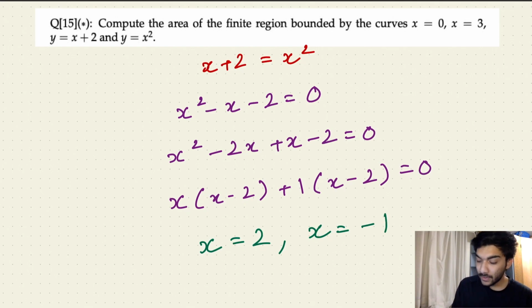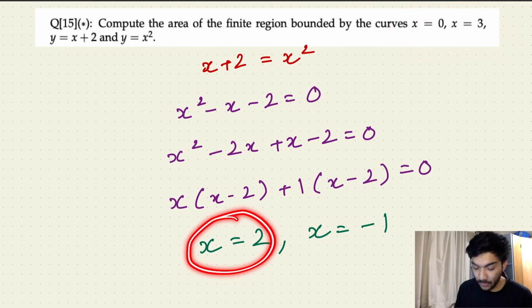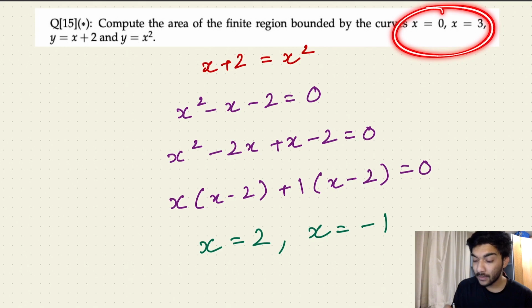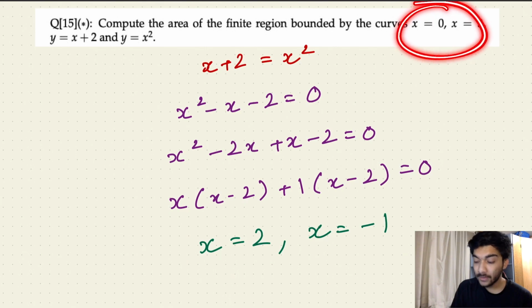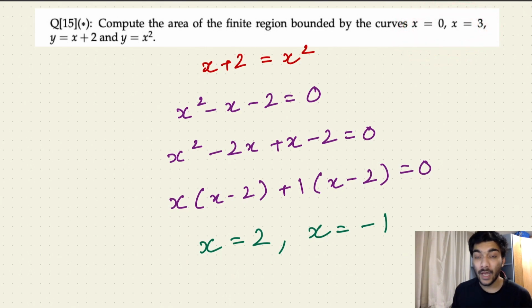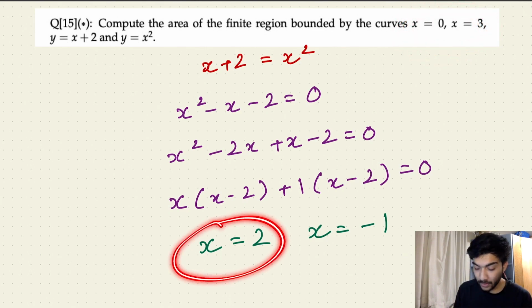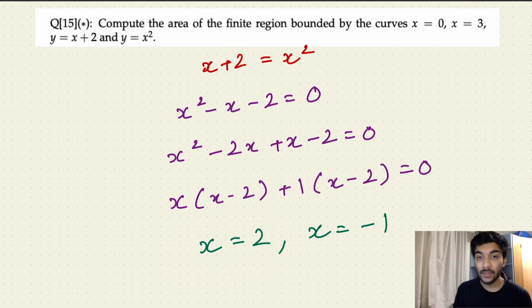Since I'm concerned with only x equals 0 to x equals 3, I can see that x equals 2 lies within my area calculation interval. That is why x equals 2 is a breakpoint in this case. Since x equals 2 is a breakpoint in our interval, we'll have to check if it changes the heights of our vertical strips before and after the breakpoint.